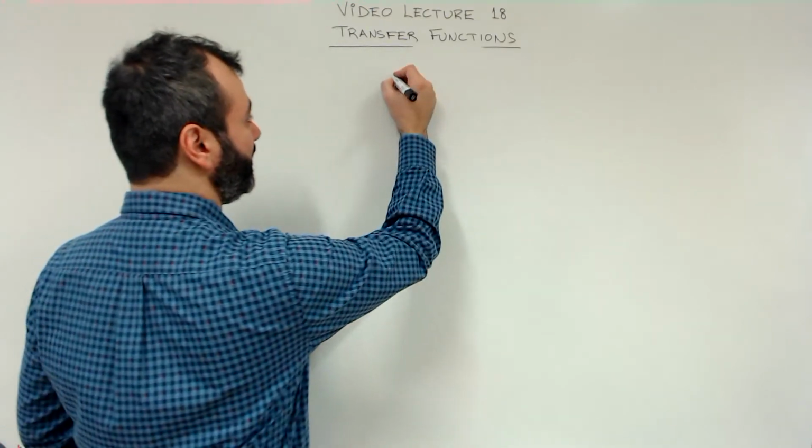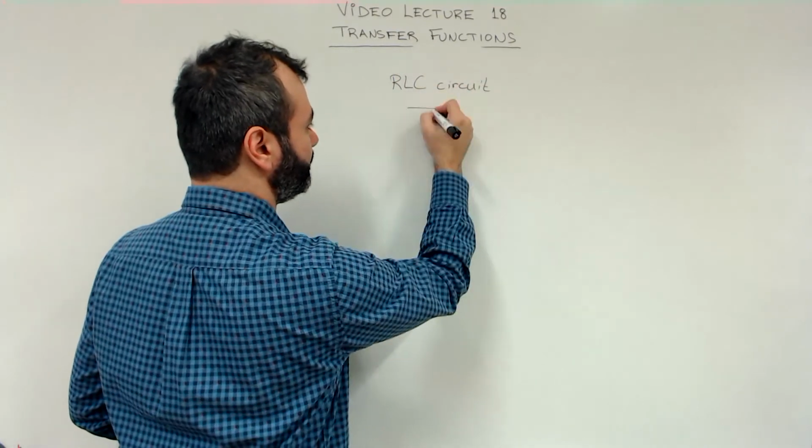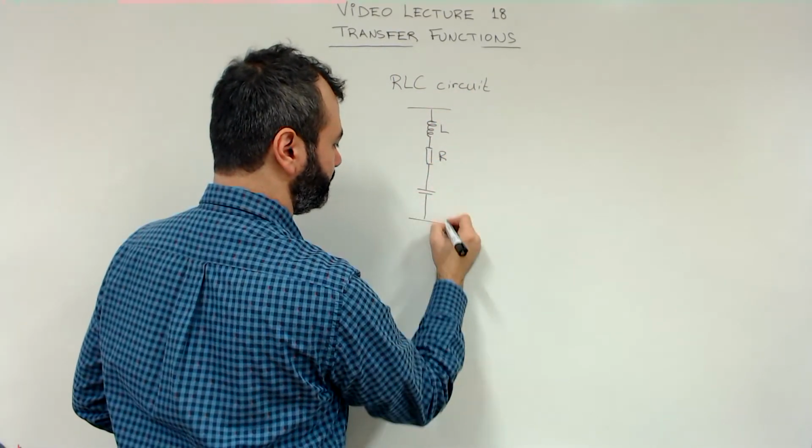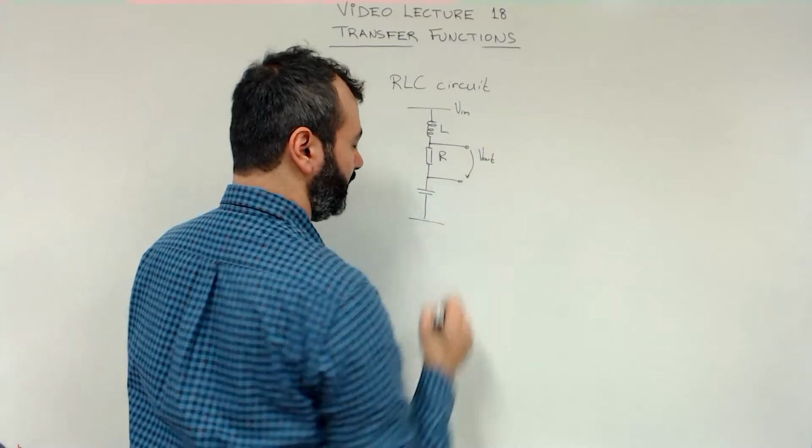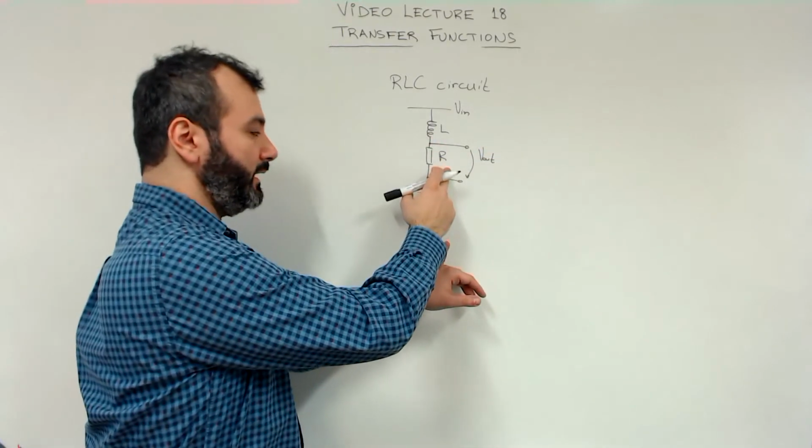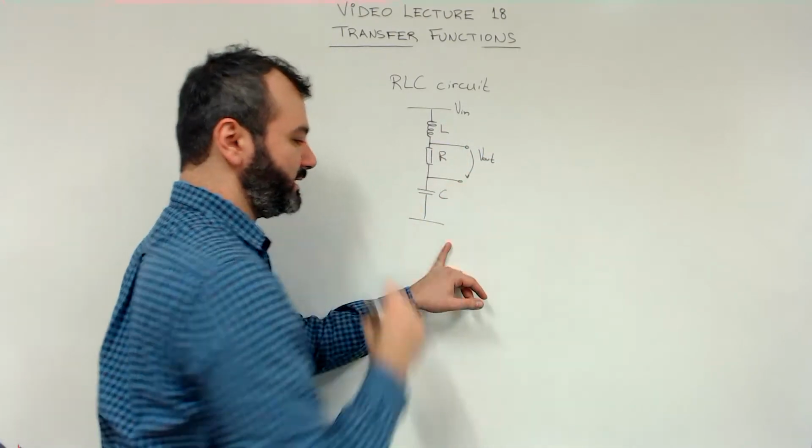Now let's give a very short example. We have an RLC circuit, which is like that, a resistor, inductor, and capacitor over here.